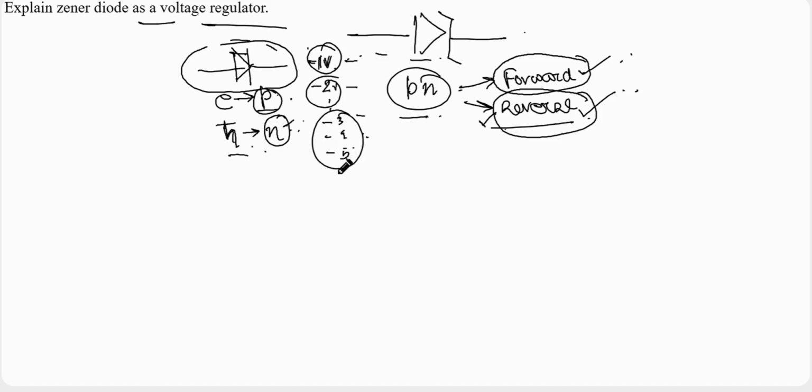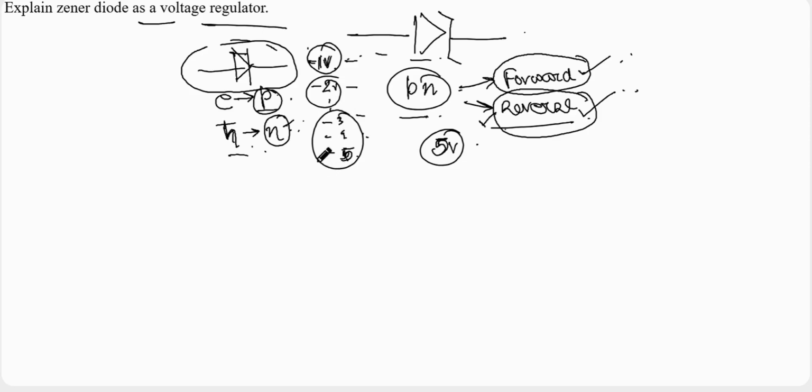Because the Zener diode has a particular voltage level which is known as the breakdown voltage. Typically, it is around 5 volts. That's the reason why I have written up to -5 in this scenario. After reaching this breakdown voltage, if we further increase the reverse bias, the diode will enter into a breakdown region, or the potential barrier between the N and P region will break down. After that, a rapid number of electrons will flow from the N side to the P side.